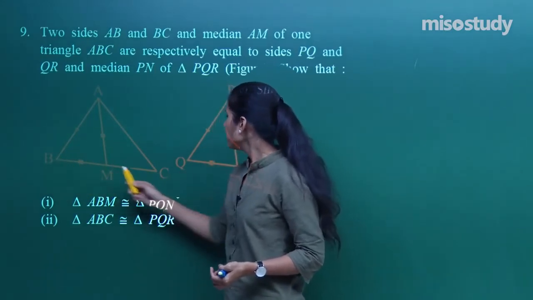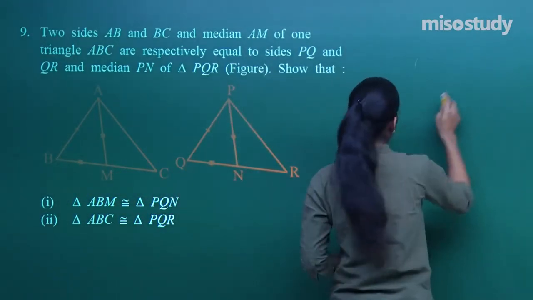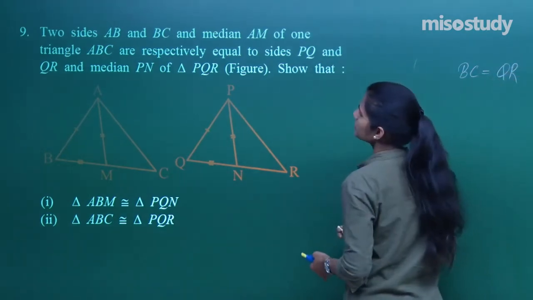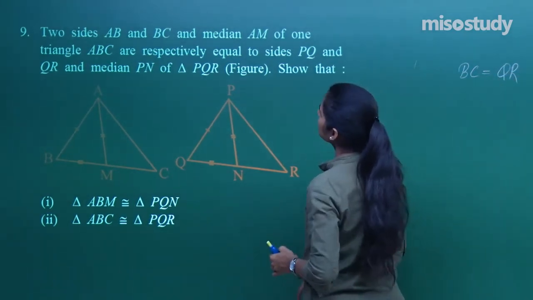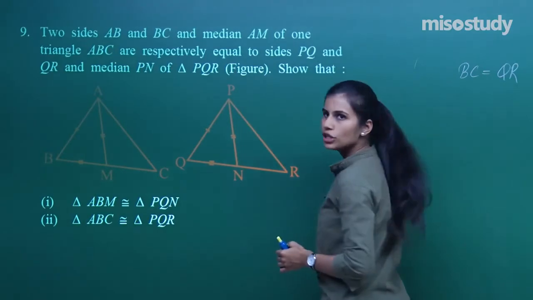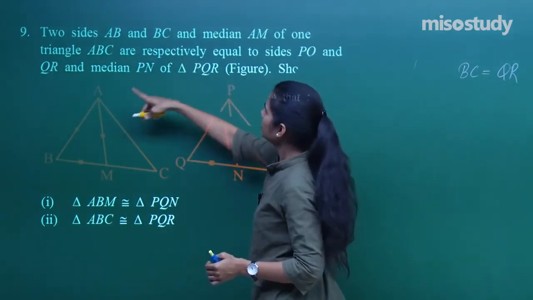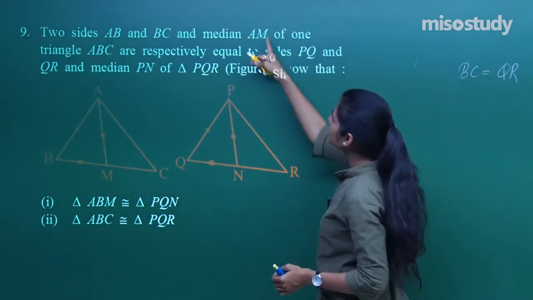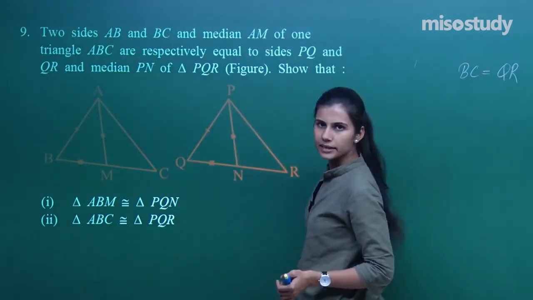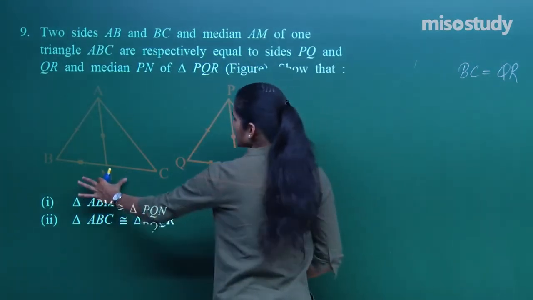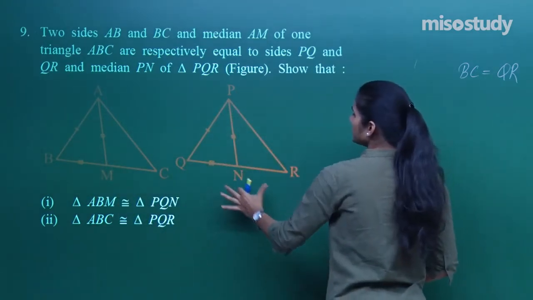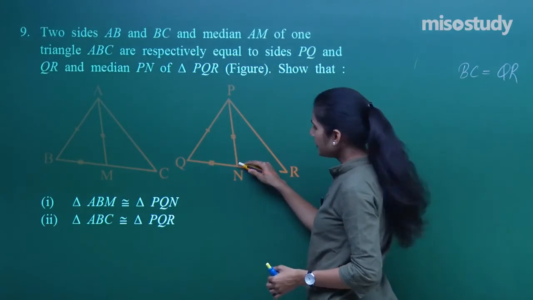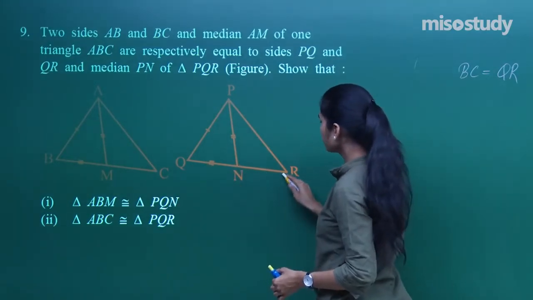Now please see, BC is same as QR, that is given to us, right? AB is equal to PQ and the median AM is equal to median PN. This complete side BC is given to be equal to complete side QR, but the fact that PN is a median means that N is the midpoint of QR.